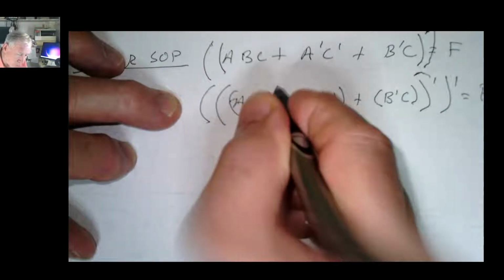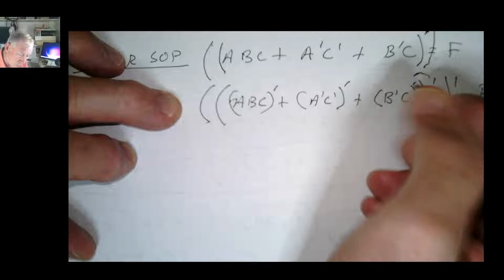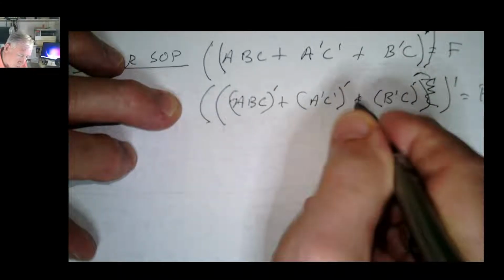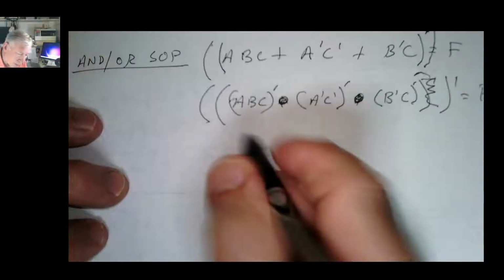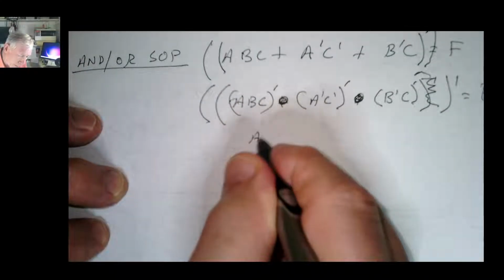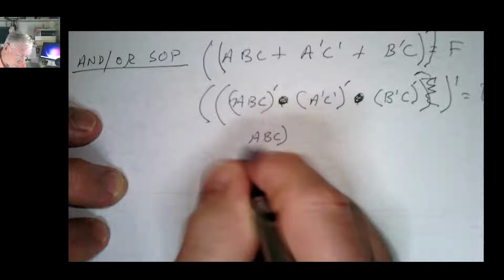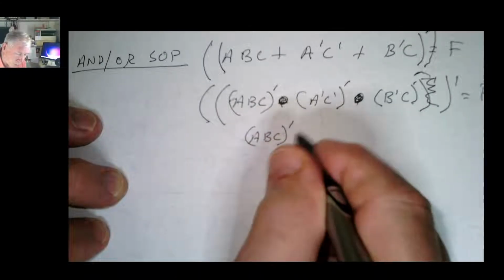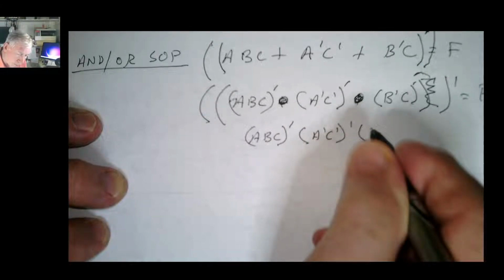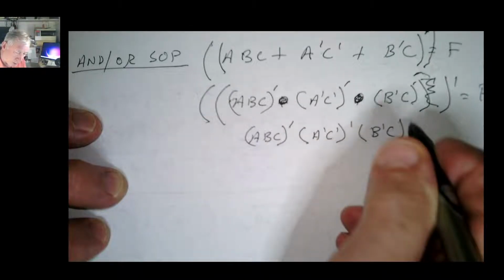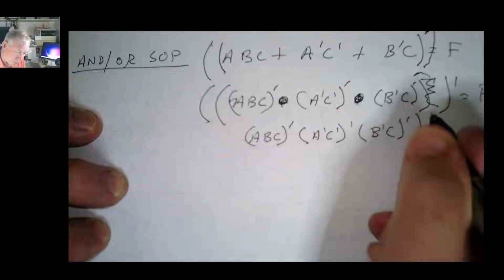So we'll put tick marks on these. We'll get rid of this, and we'll change all of our operators from pluses to times. So what we have now is ABC quantity primed times A prime C prime quantity primed times B prime C quantity primed, and then the whole thing primed.